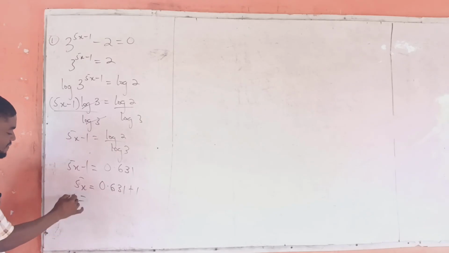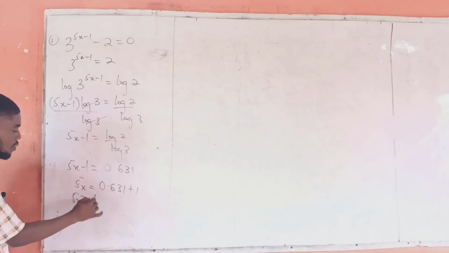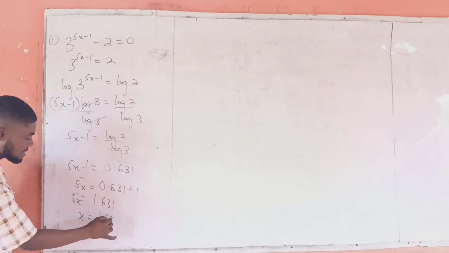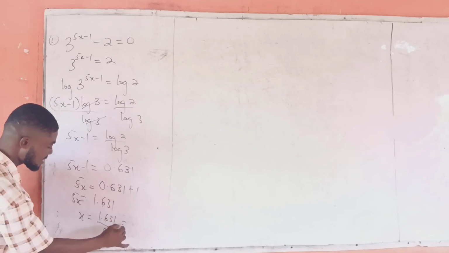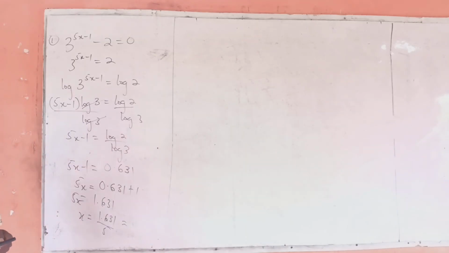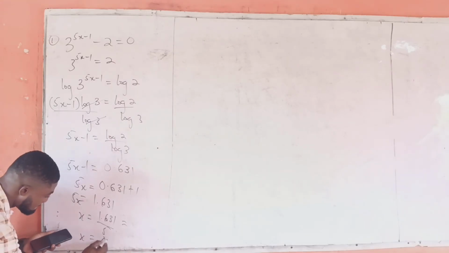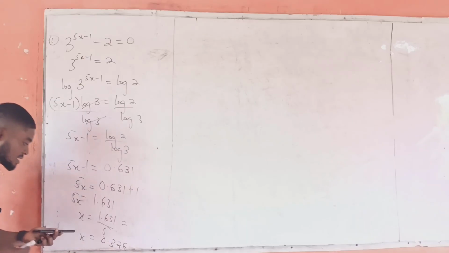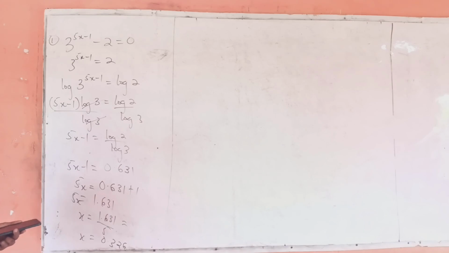Then 5x is equal to 0.631 plus 1. That gives me 5x is equal to 1.631. x is equal to 1.631 over 5, and that should give us 0.326.